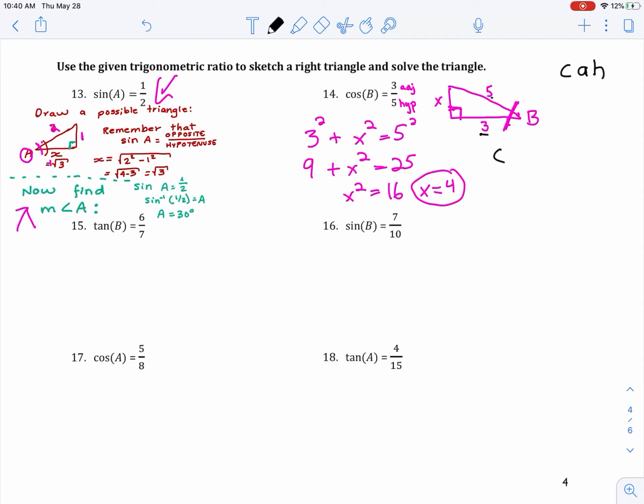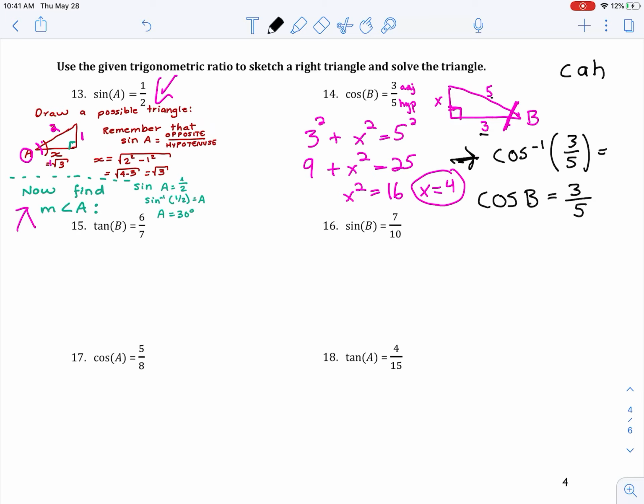So what you do is you do second cosine, or cosine -1, and then 3/5. When you put this into your calculator, it'll give you the answer. What's really going on there is your calculator is asking, what is angle B when the adjacent over the hypotenuse is 3/5? And this is how your calculator figures it out.